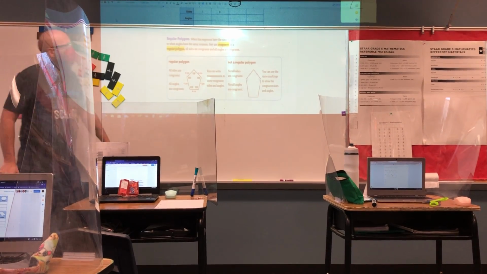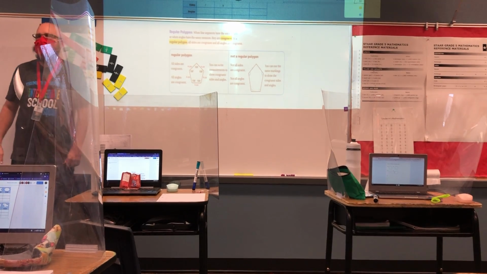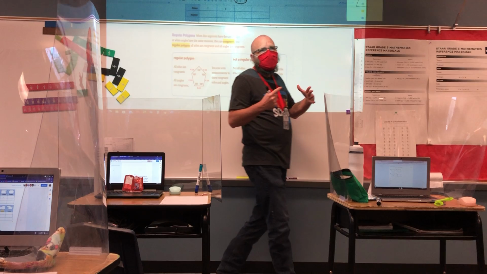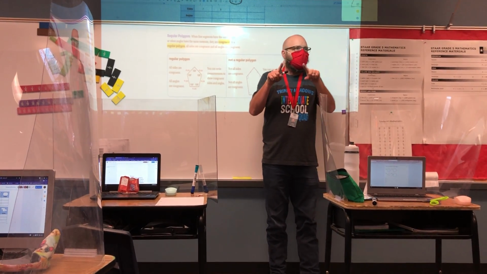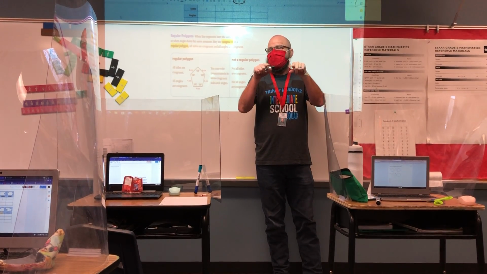Congruent. Congruent is the same length, or when angles have the same measure. On a square, the sides all are congruent. They all have the same length. They all have the same congruent angles, all of them 90 degrees.